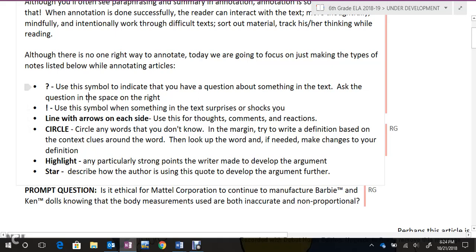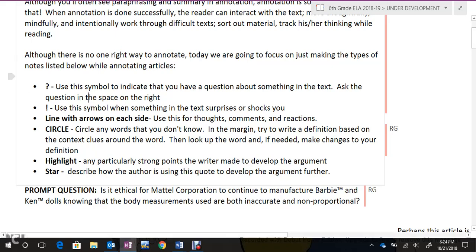The question mark makes sense: this is where you're going to ask questions. Basically, with annotating, you're writing down your thought processes as you are interacting with the text. It helps you understand it more fully, and it will also help you with the comprehension and retention of the information for later on.